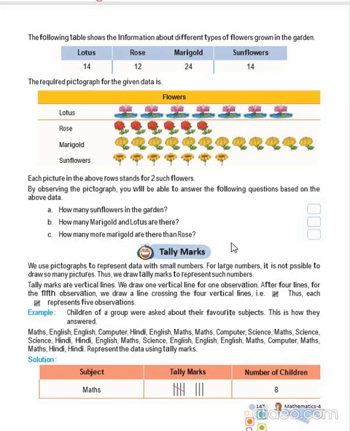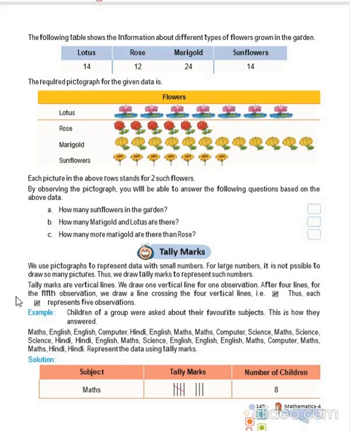Now let's come to the tally marks. We use pictographs to represent data with small numbers. So if we have a large number, it is not possible to draw as many pictures. So for this we have tally marks.